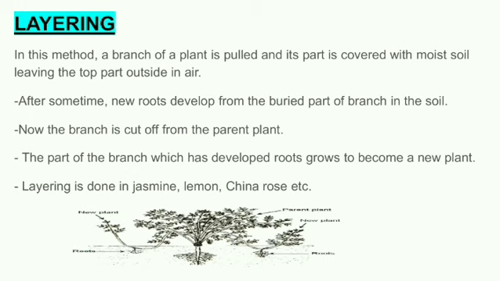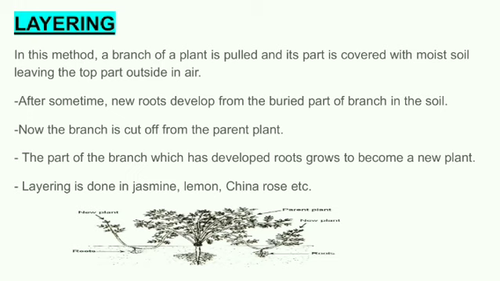After some time, new roots develop from the buried part of the branch in the soil. Now the branch is cut off from the parent plant and the part of the branch which has developed roots grows to become a new plant.